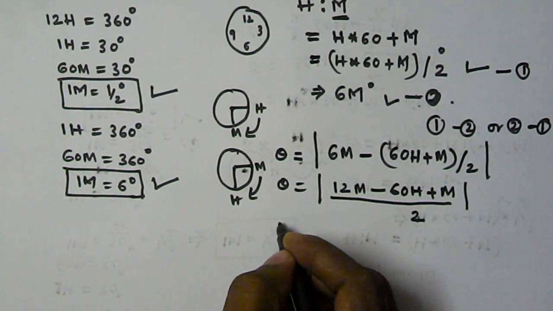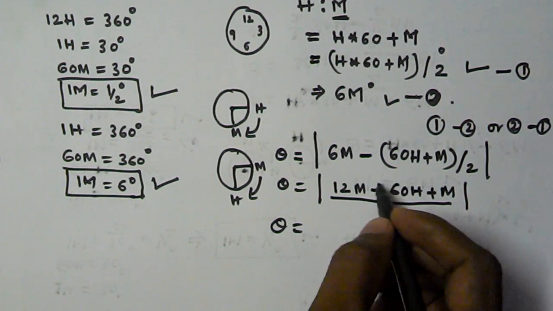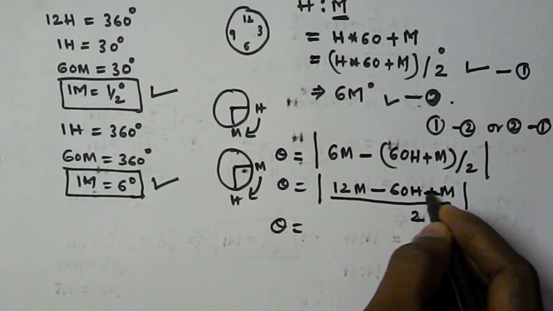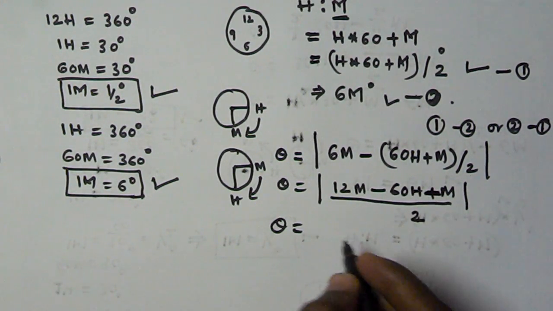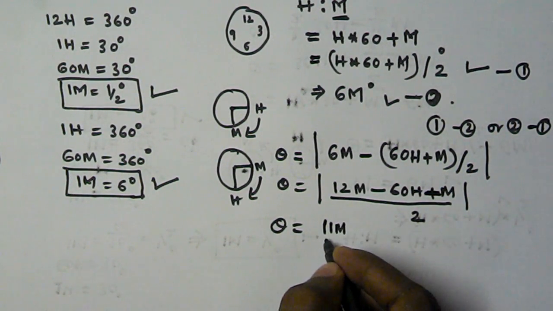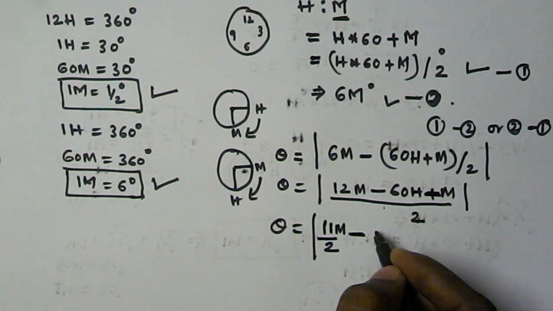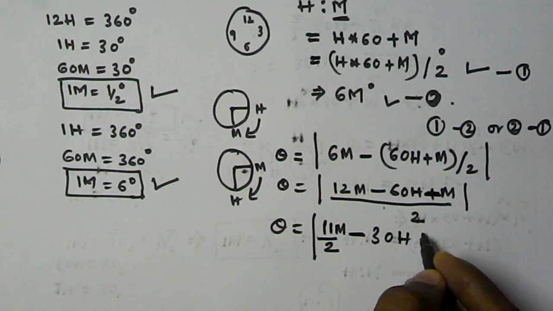So now theta is equal to 6m, which is going to be 12m by 2, minus (60h plus m) by 2. The minus applies to both terms. So 12m minus m is 11m, and this is by 2. So 11 by 2 m minus 60h by 2, that is equal to 30h.